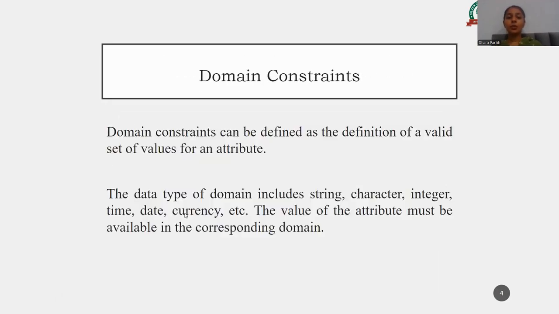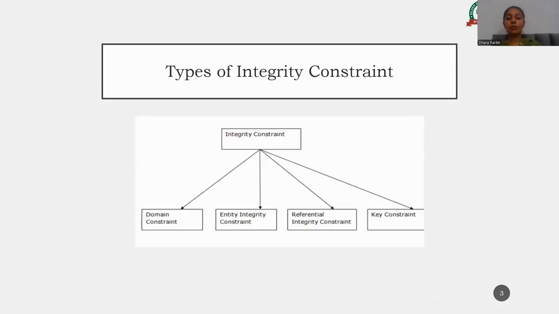Here there are four types of constraints. The domain constraint is the concept of data type: the column should follow the same data type throughout. The entity integrity constraint follows that the primary key should not be null.